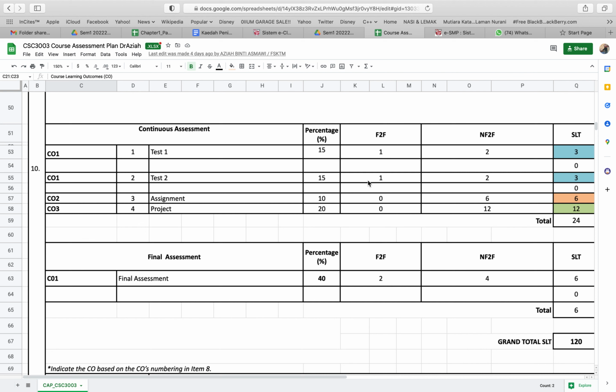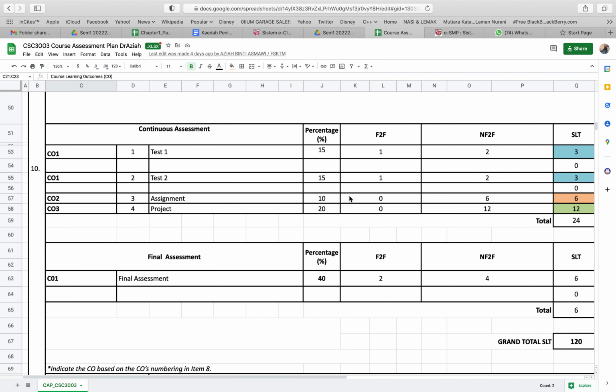This is the percentage division. We are going to have 2 tests. Test 1 will cover 15%, and will happen maybe in week 4, 5, 6. Test 2 is after week 8, normally in week 9 or 10, and it will cover 50%.